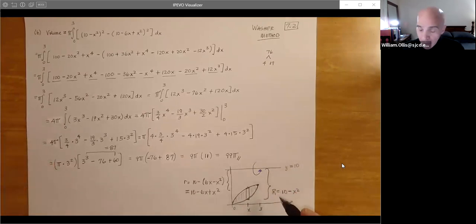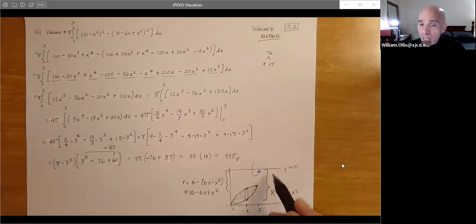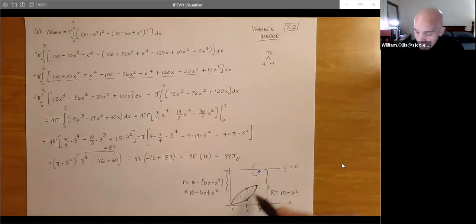Part B said, well, take this region and rotate it about y equals 10. So of course, that's going to use the washer method because in either case, the region does not completely abut the axis of revolution. The only thing about this problem that I noticed when I responded to the WebAssign message is that it had a little bit more arithmetic in the expansion of the binomial.